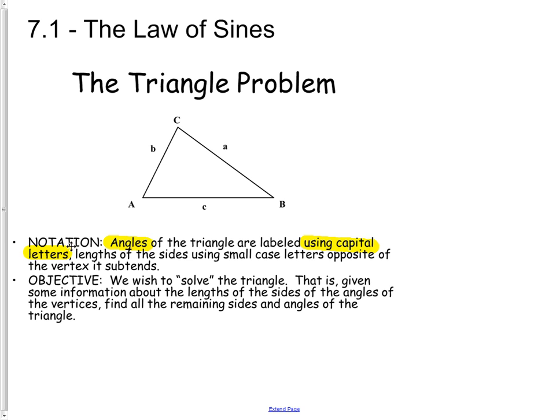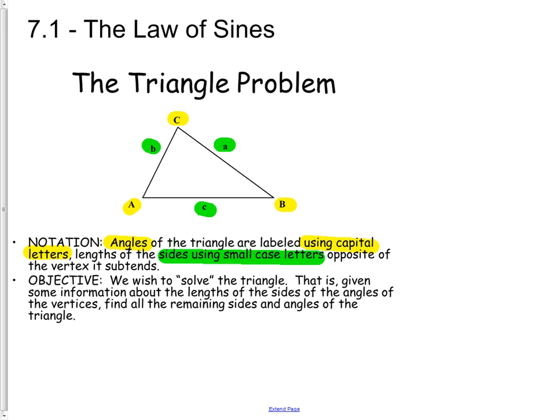So our notation is going to include angles using capital letters, and for sides, we'll use the lowercase letter of the opposite side from the angle. So in our situation right here, angle A is opposite side a. Angle B is opposite side b. Angle C is opposite side c. And again, capital letters for the angles, lowercase letters representing the sides.